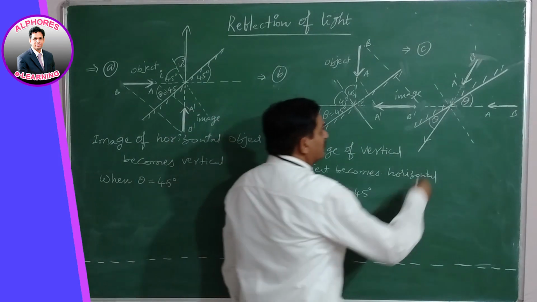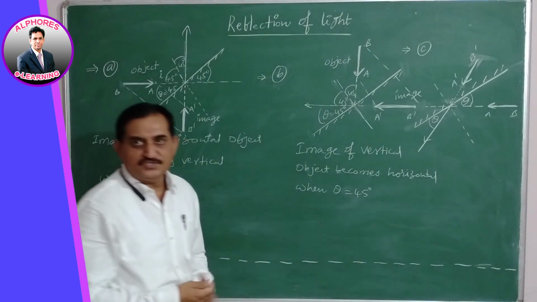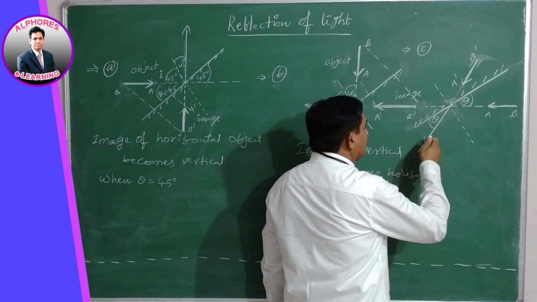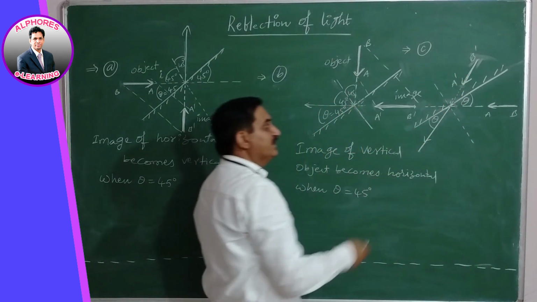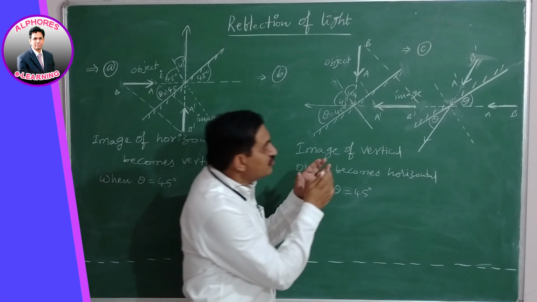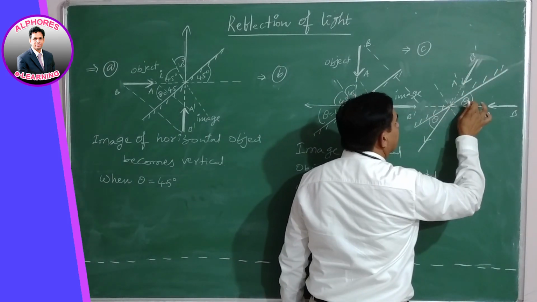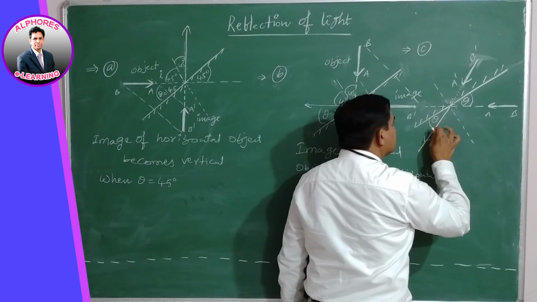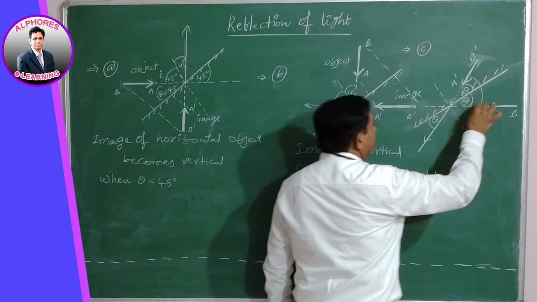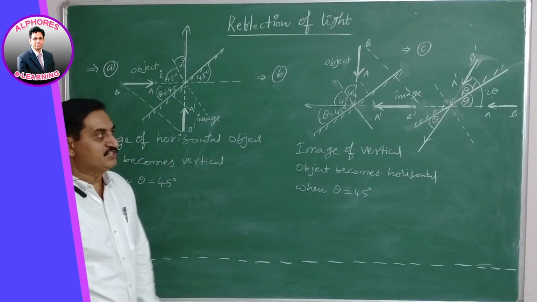The reflected light is taken with reference to the law of reflection. The light is incident on the plane mirror and undergoes reflection. If it is extended back, you get its corresponding image. Here the glancing angle is theta, this is also theta. Therefore overall it becomes 2 theta between object and image.